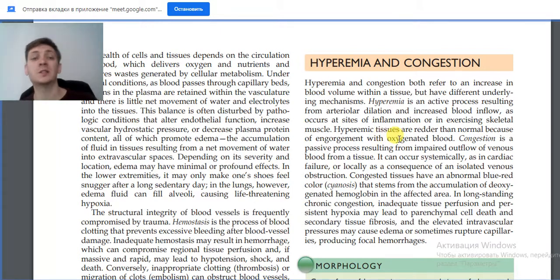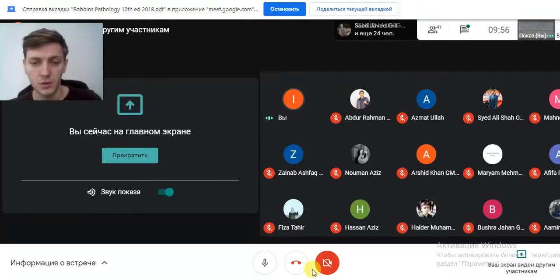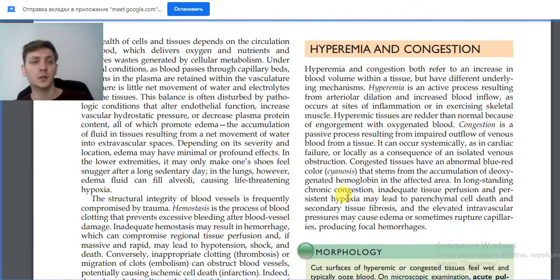But what is congestion? From the word congestion, you understand that congestion is always a pathological thing. Congestion is when blood cannot be removed from the tissue, when blood doesn't leave the tissue.